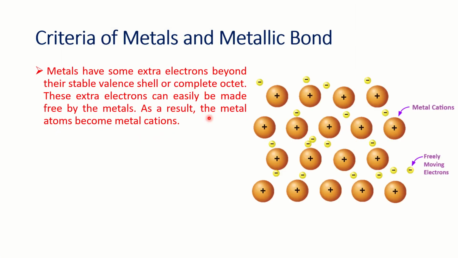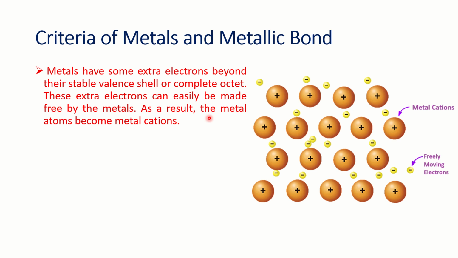Now, criteria of metals and metallic bonds. Metals have some extra electrons beyond their stable valence shell or complete octet. Now see, lithium has a stable valence shell, which is 1s2. Sodium has a stable octet, which is 2s2 2p6.